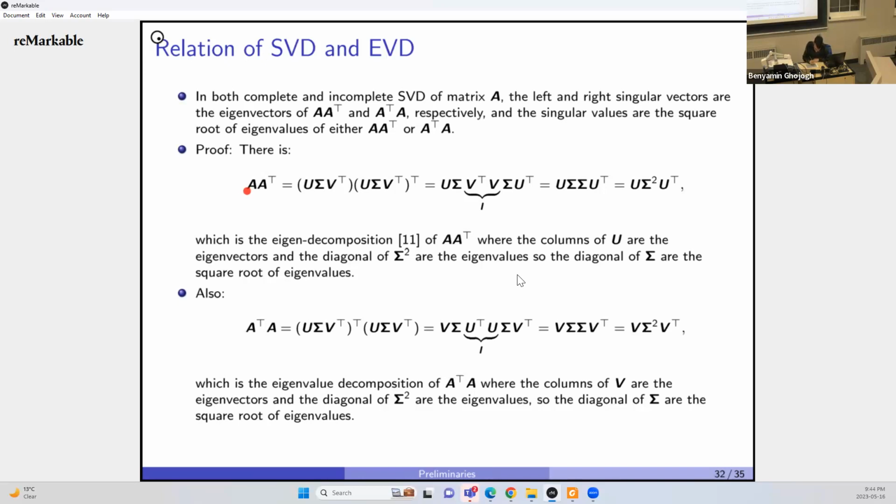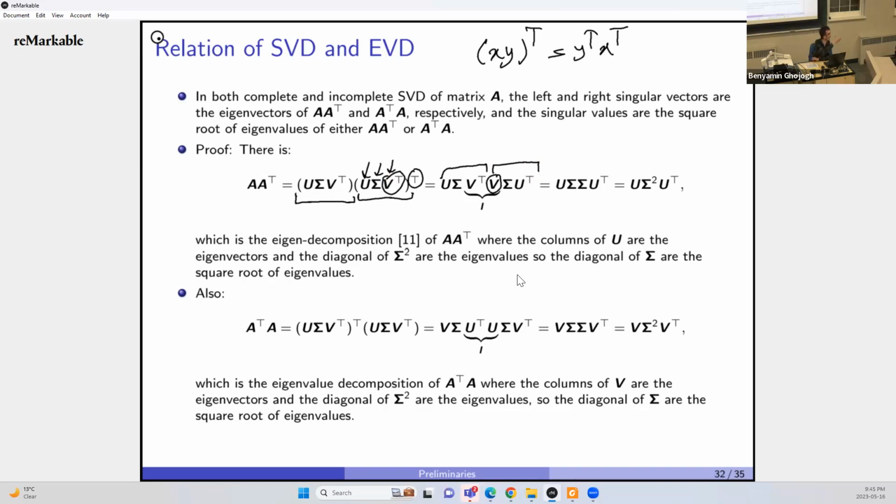So consider A A transpose. This is the SVD of A. This is the transpose of the SVD of A, right? I can apply transpose to elements of these. When I apply, by the way, (XY) transpose is Y transpose X transpose. So it changes the order. That's why we have U sigma V transpose here, and there we'll have V sigma U transpose. V transpose transpose is V. Sigma transpose is sigma.